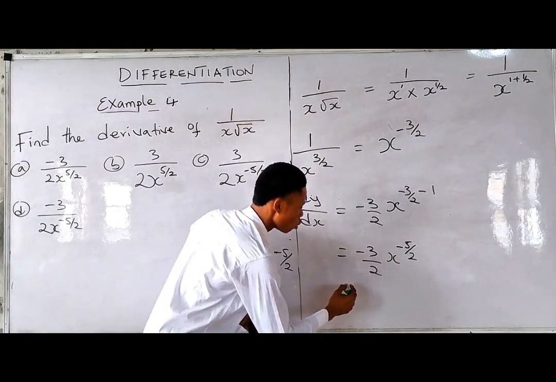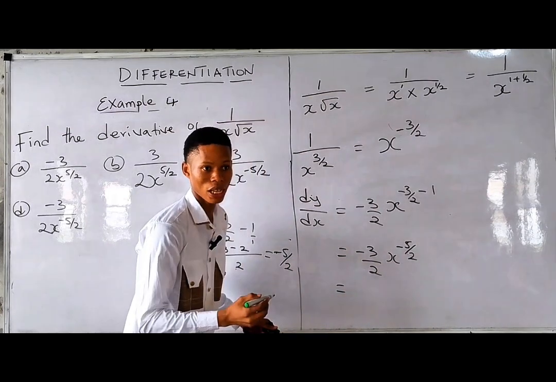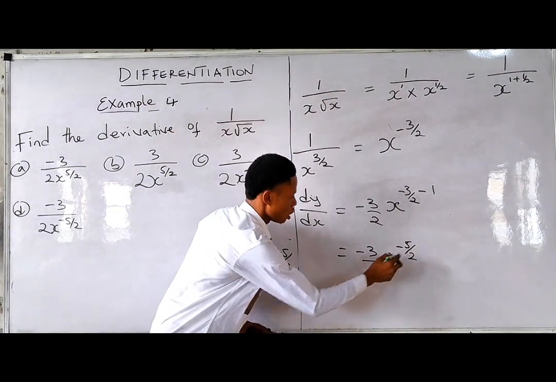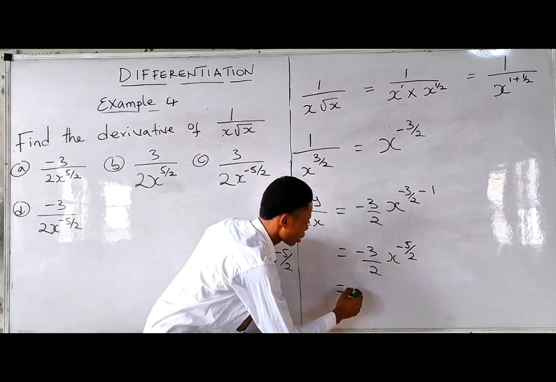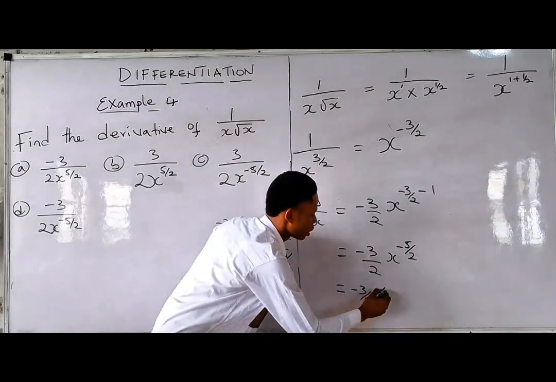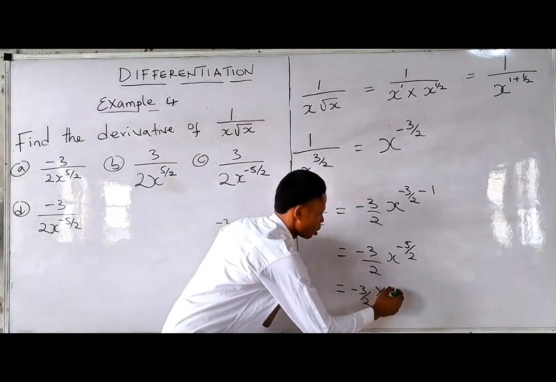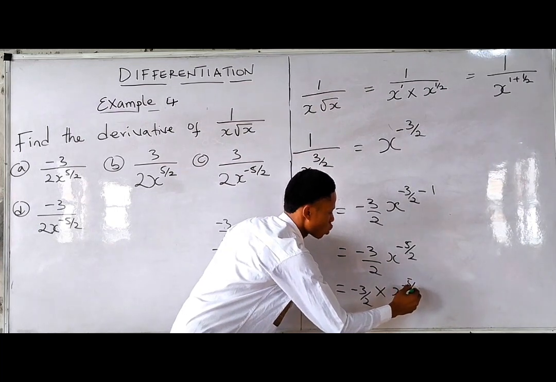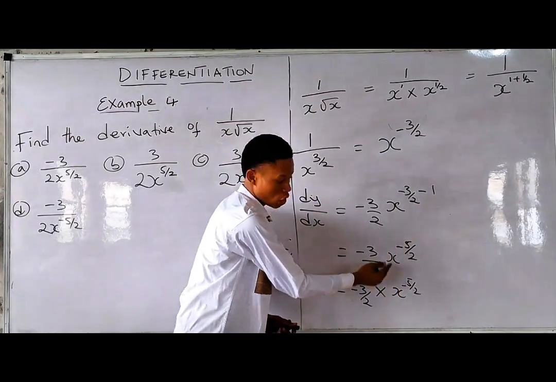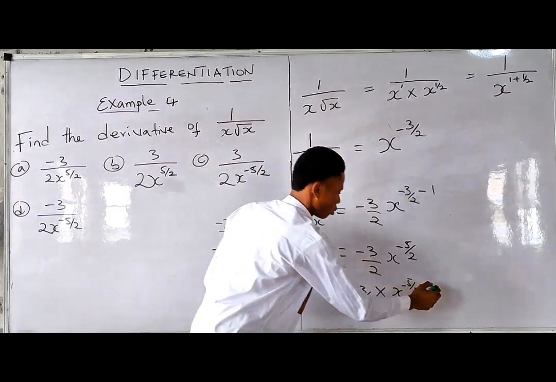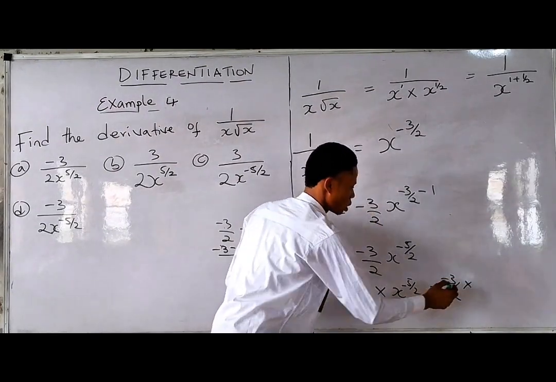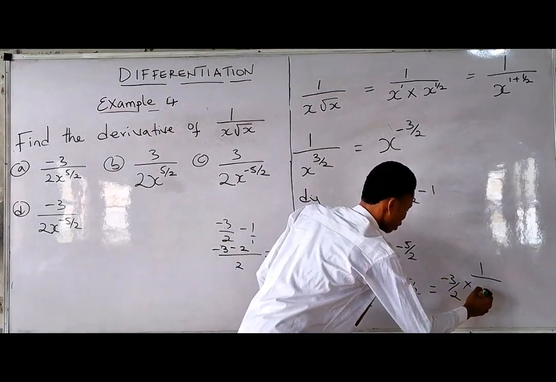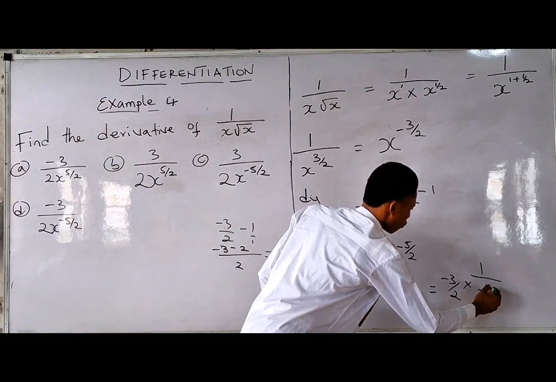Now, if you look at this, if I want to change this, it's the same thing as saying minus 3 over 2 times x raised to power minus 5 over 2, right? This is the same thing as this. If I want to remove this minus, what do I do? This is the same thing as saying minus 3 over 2 times 1 over x raised to power what? 5 over 2.